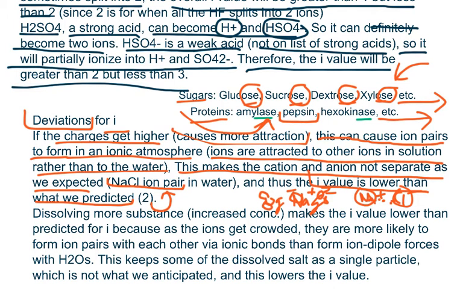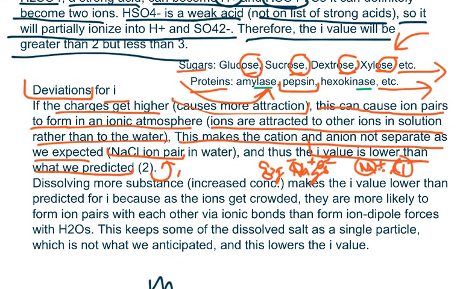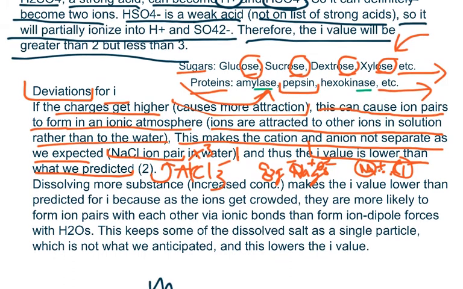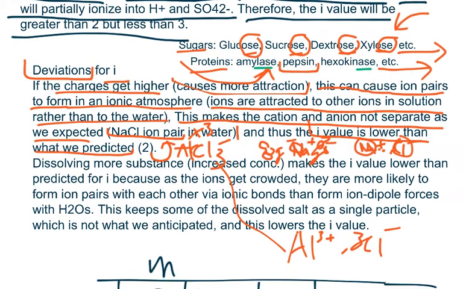Now, a great example of this is something like AlCl3. We know that Al is a +3 charge and the Cl's are -1. Now for high charges like these, the i value will deviate more, because we expect the i value for AlCl3, which can split into Al3+, so that's one particle, and 3 Cl-, the other 3 particles, to be 4.